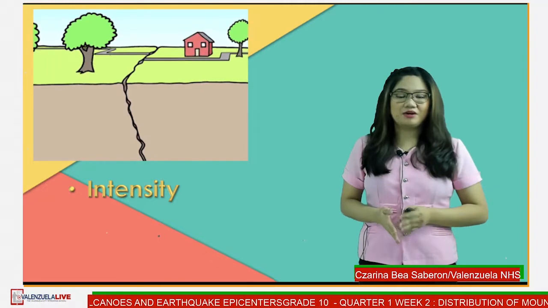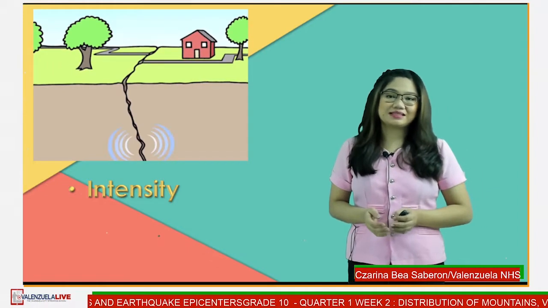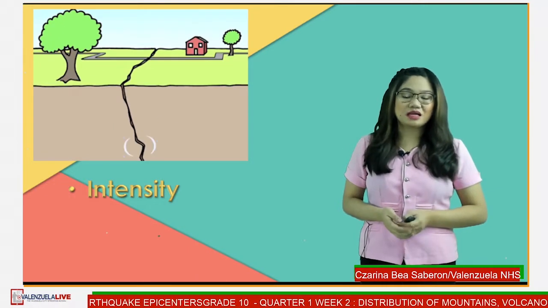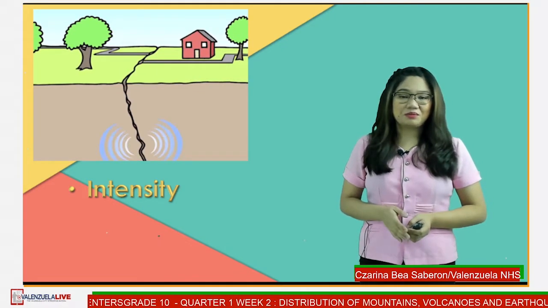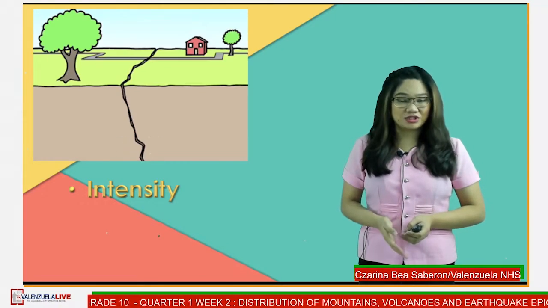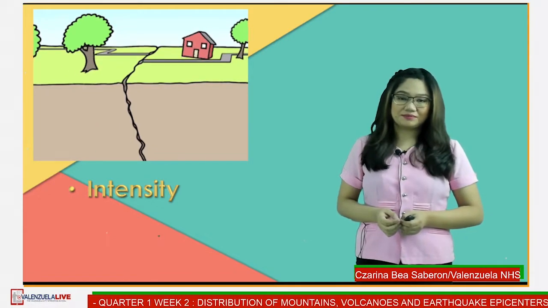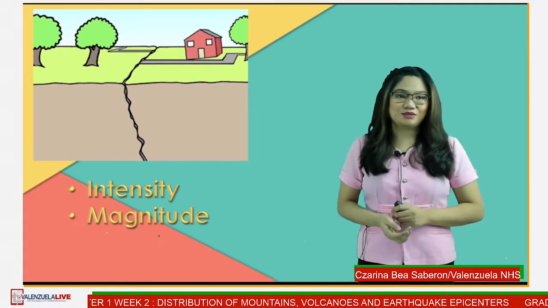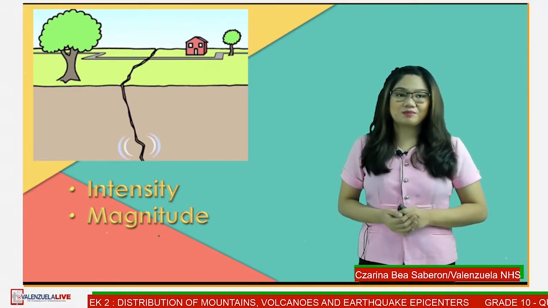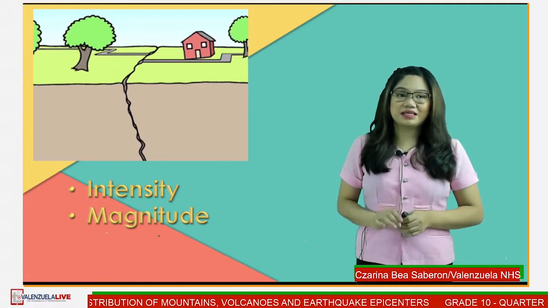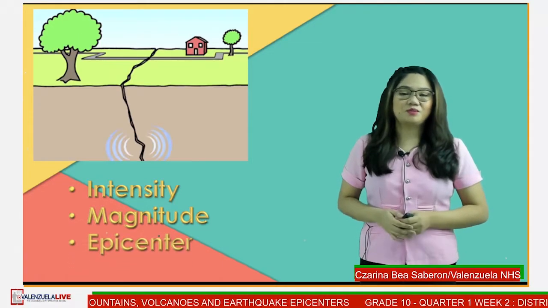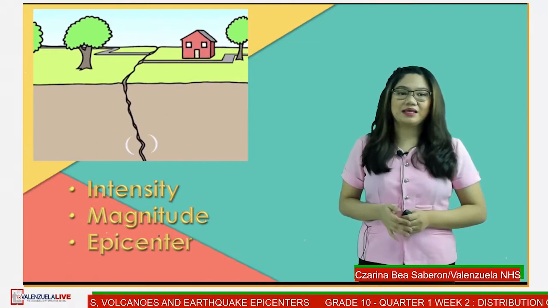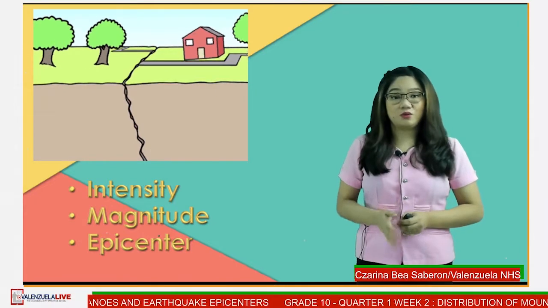This is the strength of the shaking produced by the earthquake in certain locations, which is determined by the effects or damages caused by the earthquake. Next is the magnitude. Now, the magnitude measures the energy released at the source of the earthquake. And also, one of the most important details for an earthquake is the location of the earthquake epicenter.